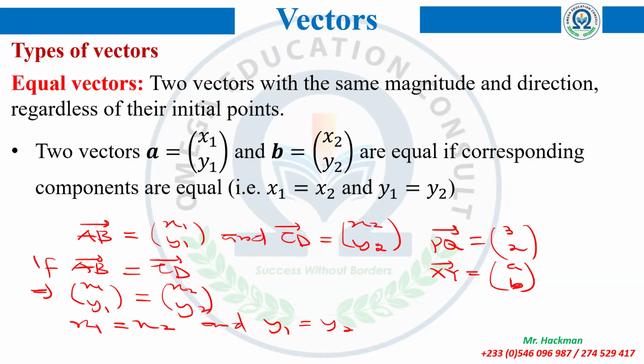Under what condition? Or when will these two vectors be equal? If you get this, then we can move on to our next slide, which will be dealing with worked examples.